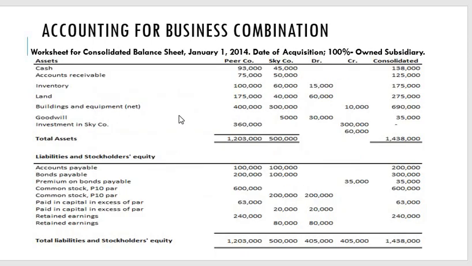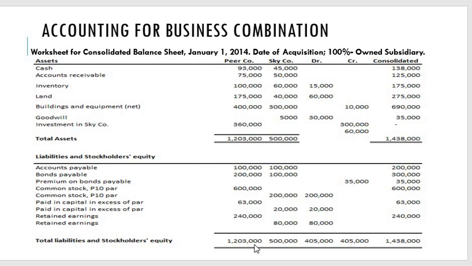Okay, so in our worksheet, we have here the separate FS of Pair Company immediately after the acquisition. We've noticed that we have investment in Sky Company, that's 260,000. Then our cash, that's net of the acquisition related cost, stock issuance cost, and net of the cash consideration, that's 93,000.